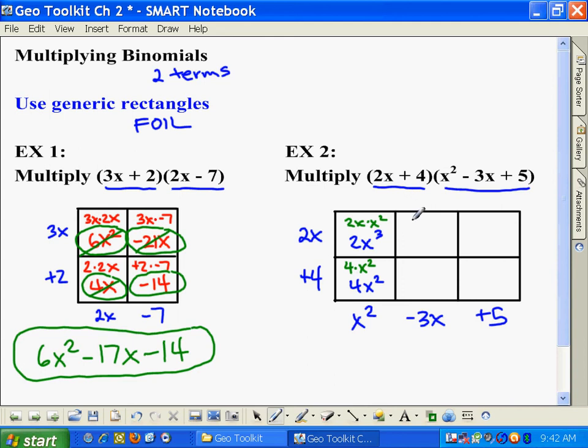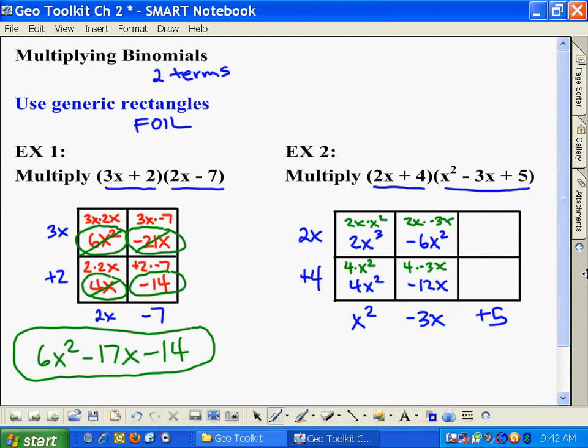This box here in the middle on the top would be 2x times a negative 3x. So it's this one times this one. And that would be negative 6x squared. Box below that would be 4 times negative 3x. And 4 times a negative 3x would be negative 12x.